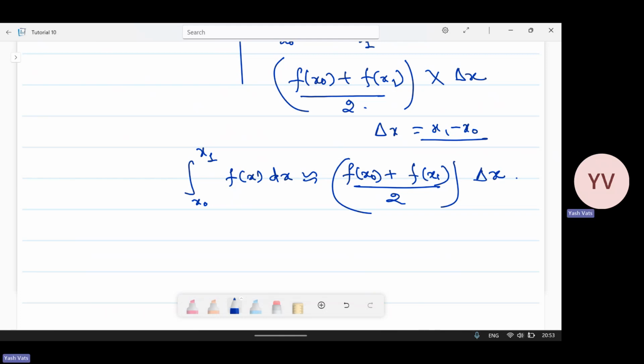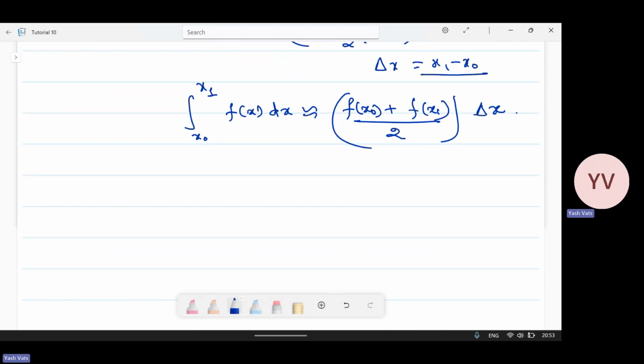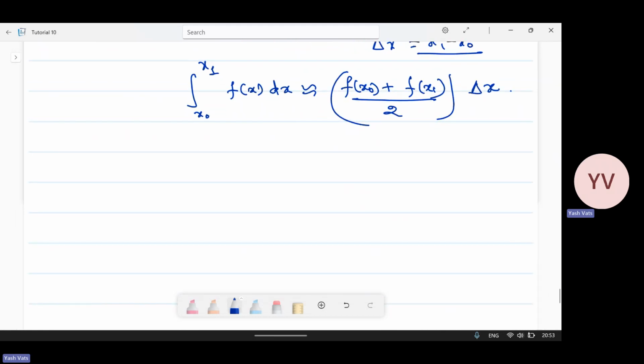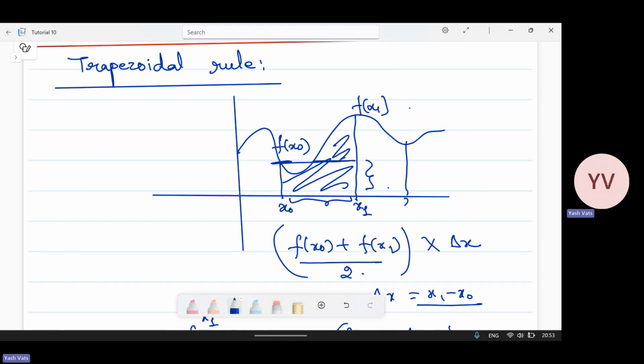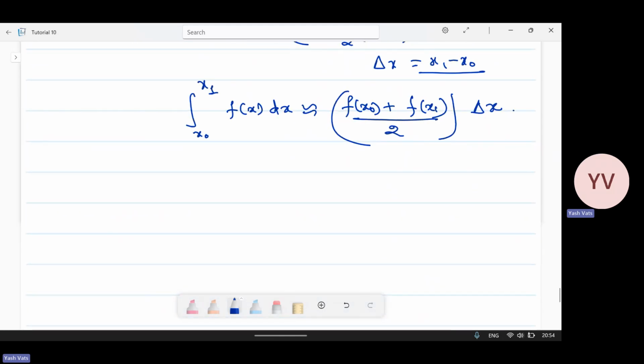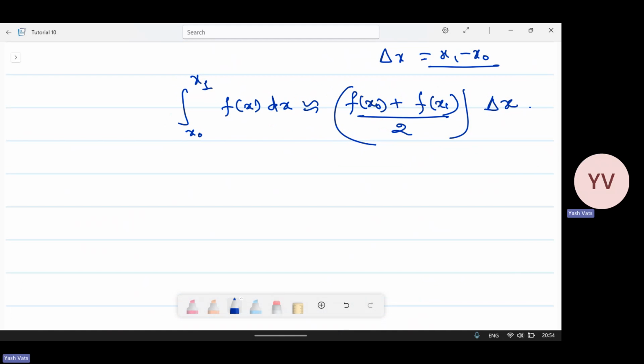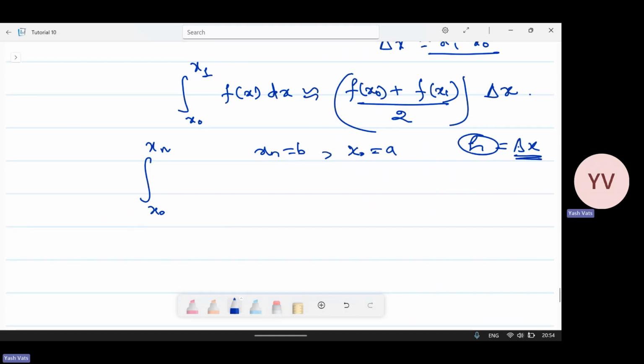And like this, you increase for x2, x3, and then you just sum up all these areas and you get this for any interval x0 to xn, where xn is b, and you have some step size h. h is del x basically.